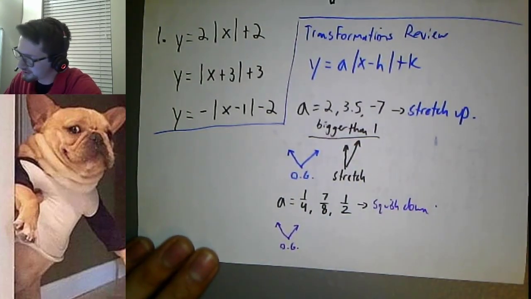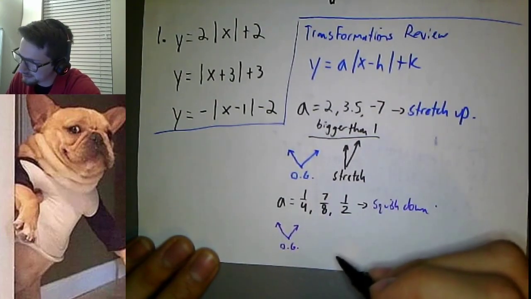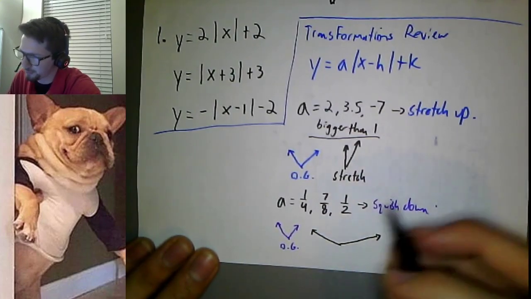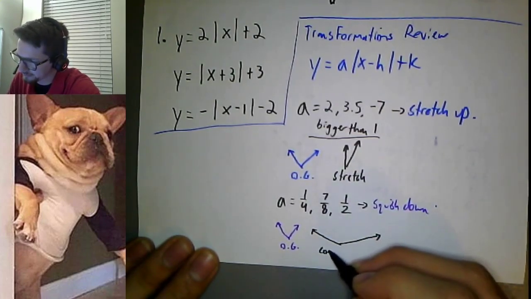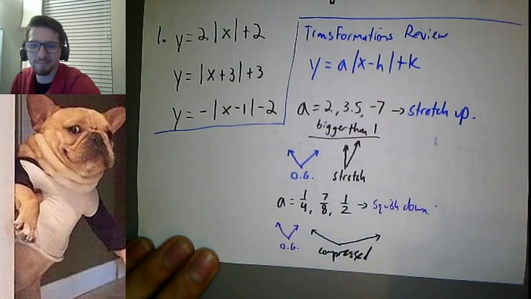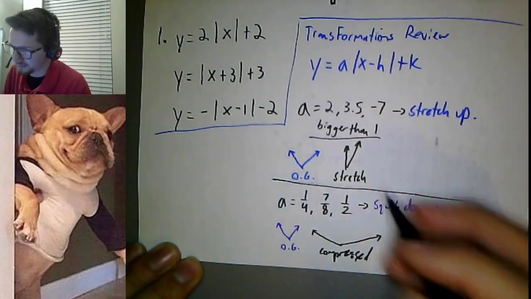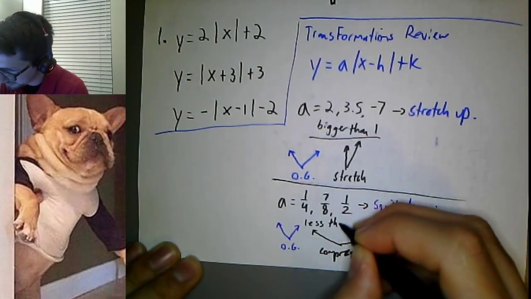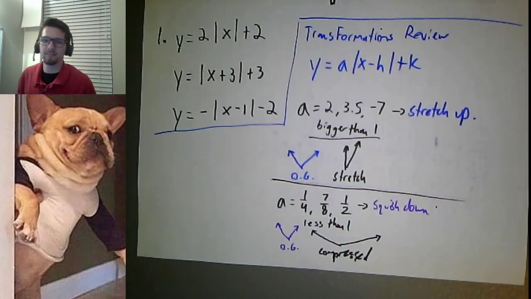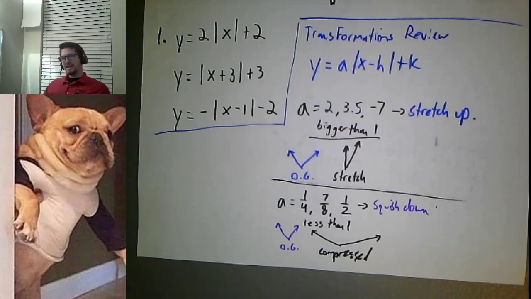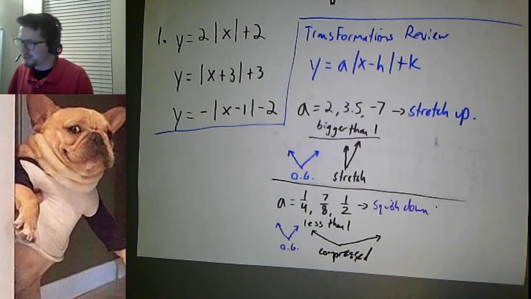Then our vertically compressed graph would look like that. So that is what your different a values do to each other. I'm sorry, this is less than 1. So if it is a bigger number than 1, then it's going to stretch it up and make it skinnier. If it is a compressed function, it's going to squish it down and make it fatter. That's what your a value is doing.